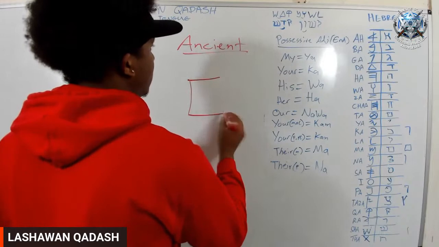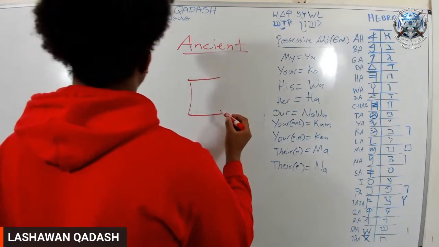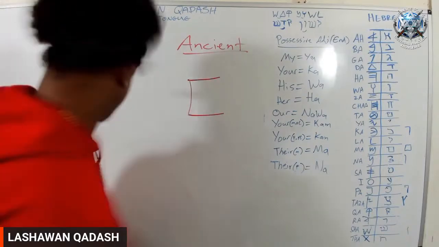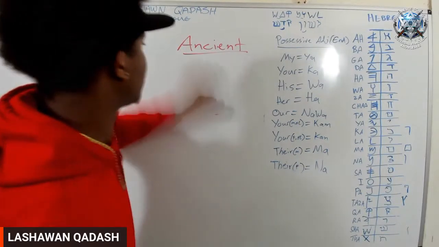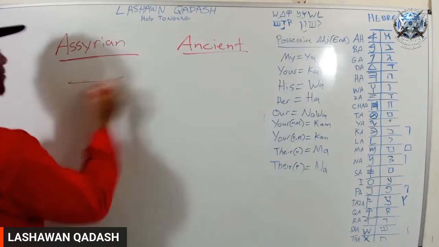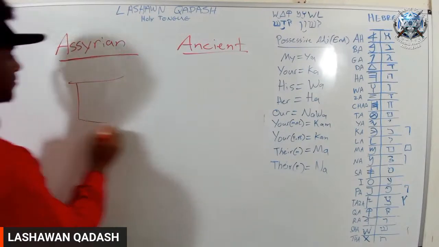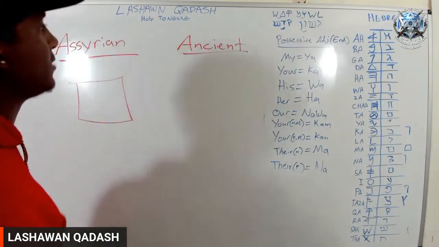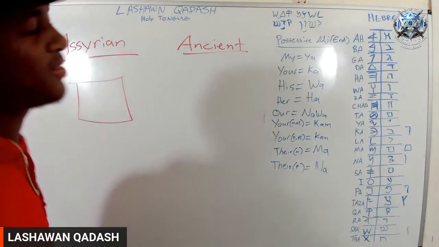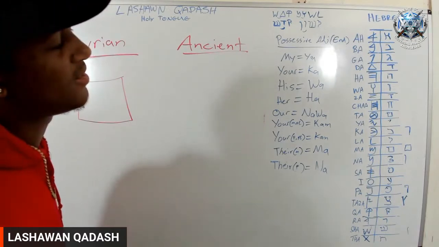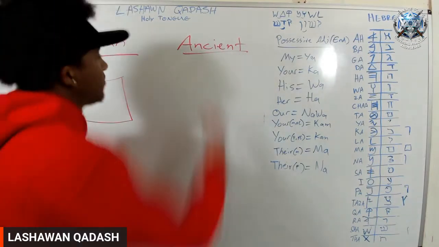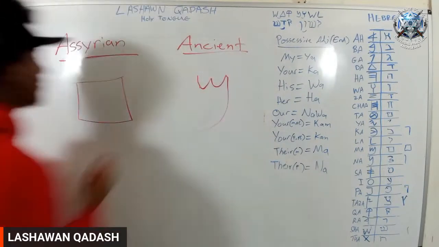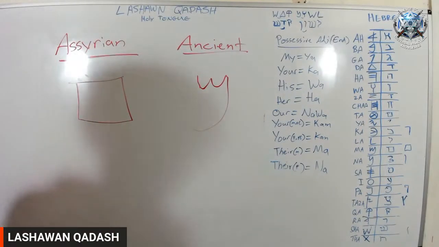You got to flip it around. Yeah, that's the ancient. Remember, the ancient's on the right, Assyrian is on the left. Try again. Yep. Now, what's the ancient version? Okay. Go ahead and erase that.